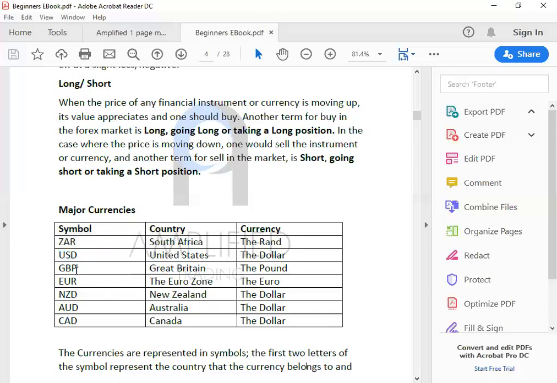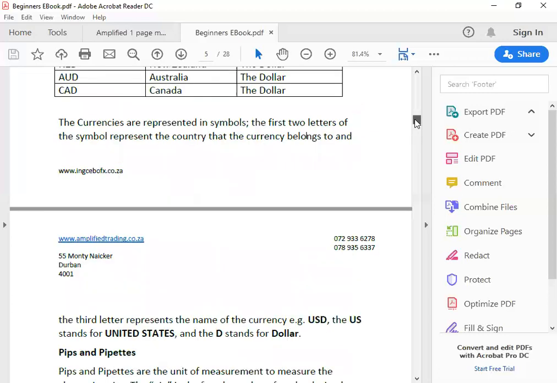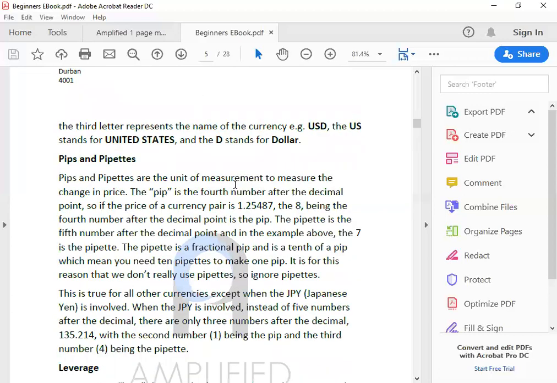So we have GBP, which is Great Britain, and then P, which is pound. Obviously that is explained in a bit more detail in this paragraph that we have here, but it's very simple, very straightforward, and I don't think we need to elaborate more on that.